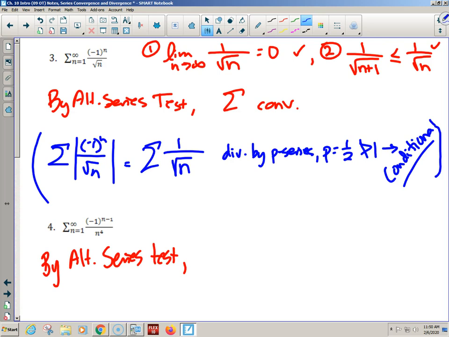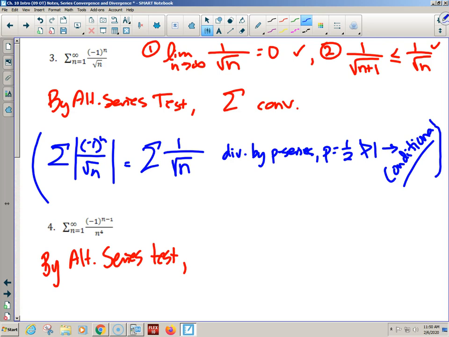I would then have to go and do the alternating series test and say, oh okay, the absolute value doesn't converge, but the actual series does because of the alternator. If it's not absolutely convergent, go check for the conditional. The way that we took was to start looking for the conditional, then check for the absolute.